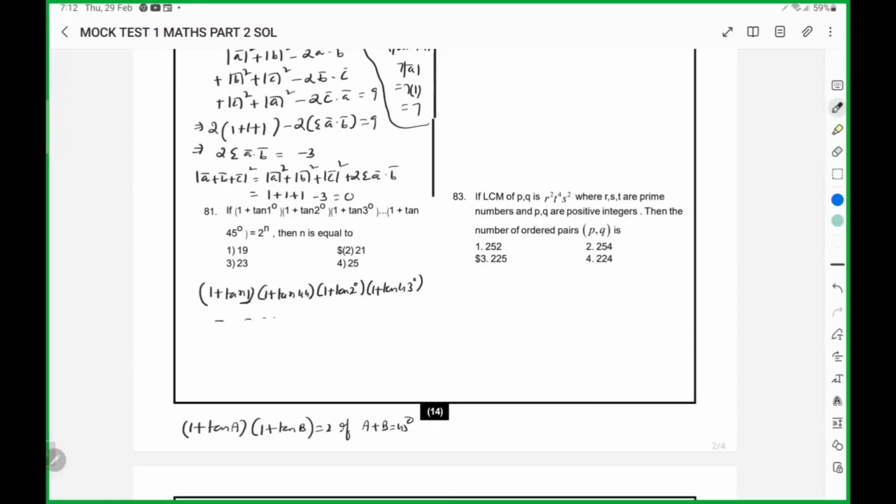So like this, you have 44 pairs, and this one. The product of each pair is 2, 22 pairs you get. So 22 pairs means 2 power 22 into 2, so 2 power 23. The answer is 23.